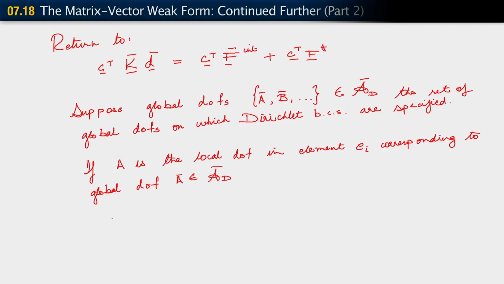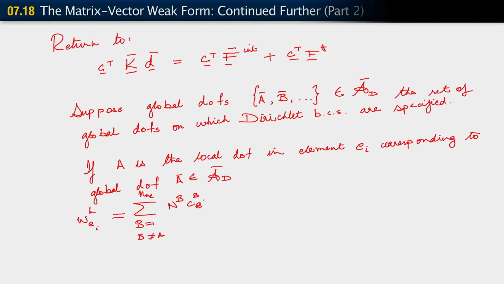If this is the case, then we know that in that element w^h sub E I is constructed as a sum B equals 1 to number of nodes in the element, B not equal to A, N_B c_B^e, right? This we know very well.